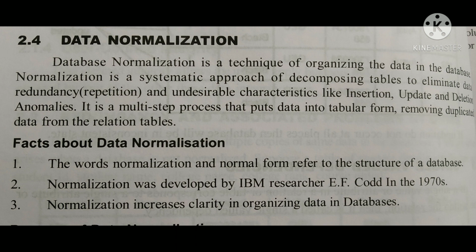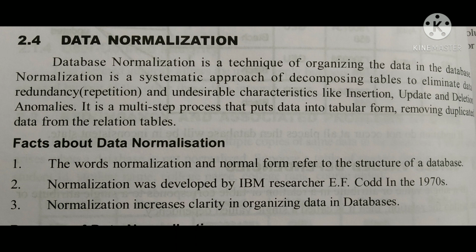It means repetitions and undesirable characteristics like insertion, updation, deletion, etc. These are anomalies. It is a multi-step process that puts data into tabular form, removing duplicated data from the relation tables.